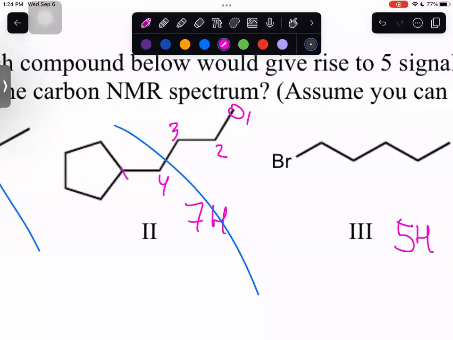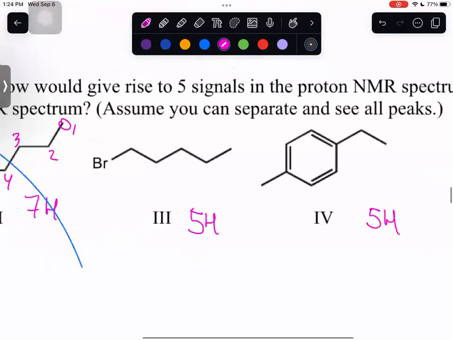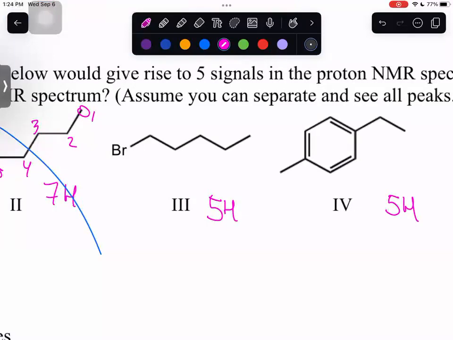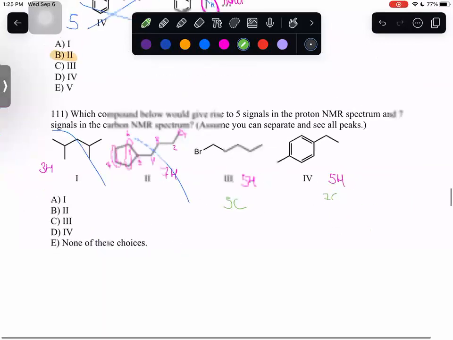Don't forget about that baby hydrogen. 5, 6, and then 7. Now, how many CNMR signals do we find for molecule 3? 5. What about molecule 4? So again, you're just matching up the numbers.